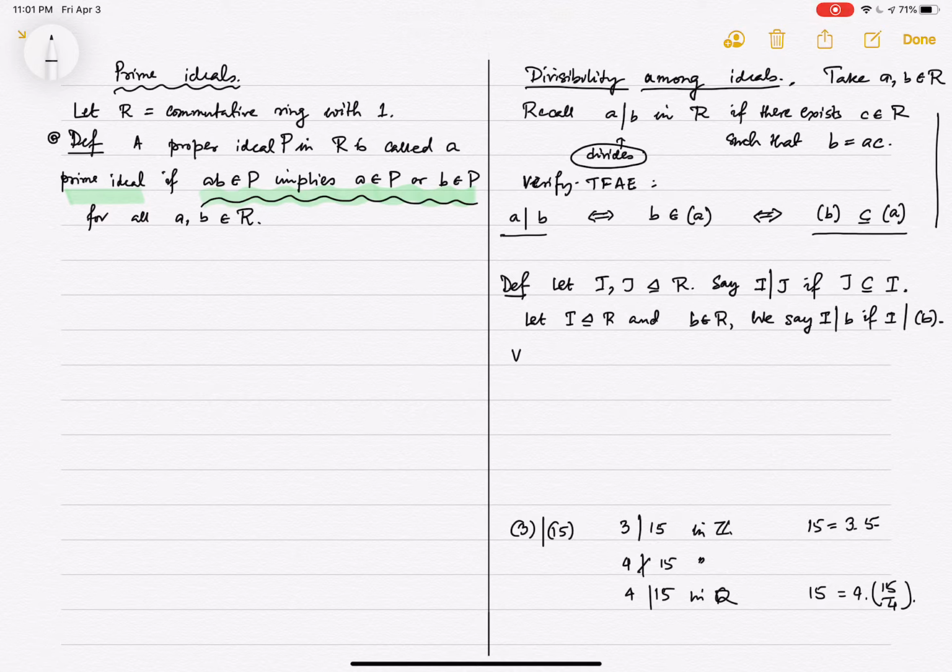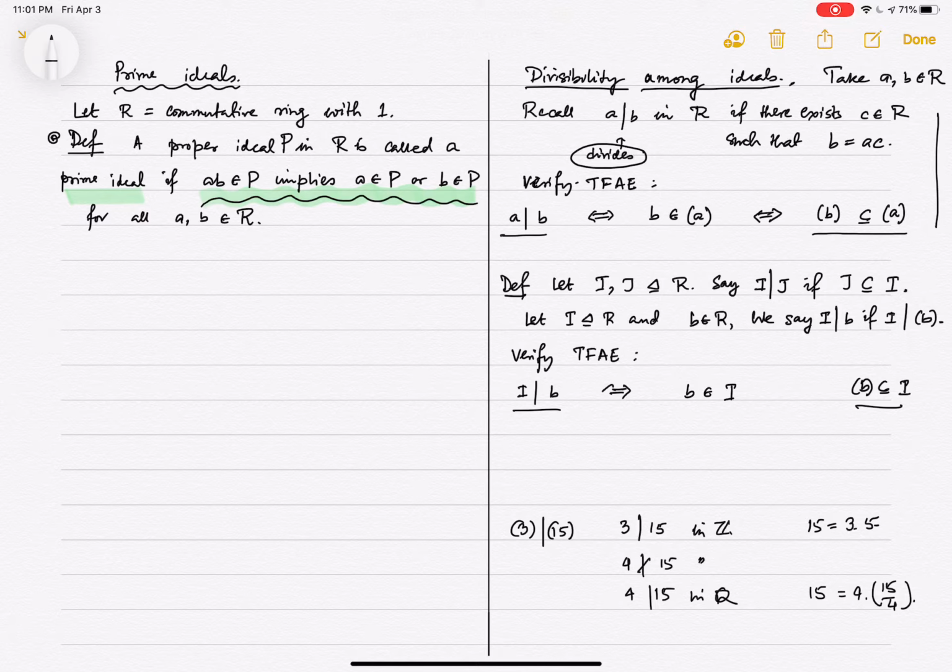And now you verify. Again, 3 simple statements are equivalent. Saying that an ideal I divides an element b is the same as saying that the ideal I divides the principal ideal generated by b, which just means that the principal ideal generated by b is a subset of I. So these 2 statements are equivalent. But then the ideal of b is a subset of I if and only if b is in I. Well, that's very straightforward.